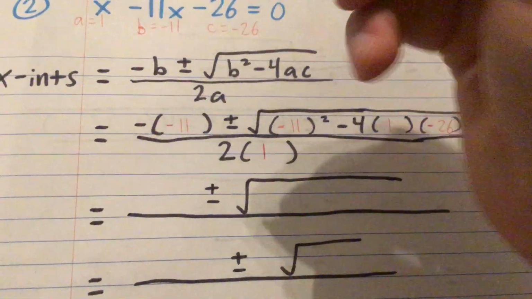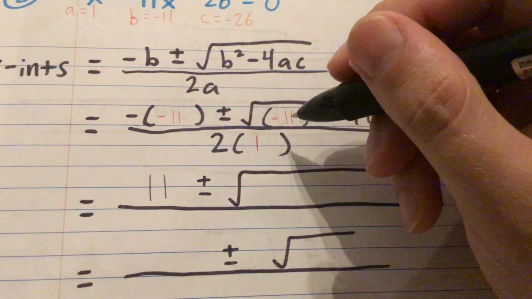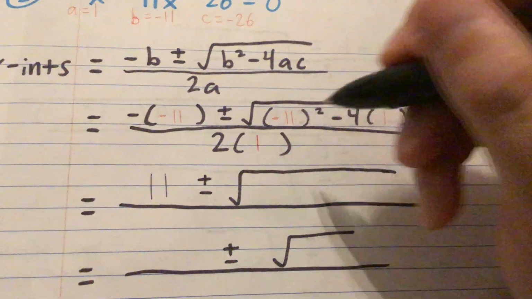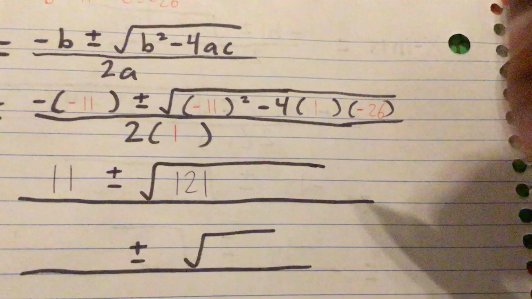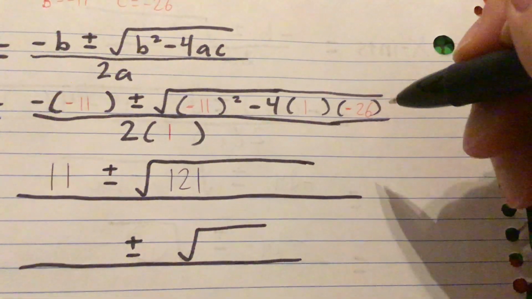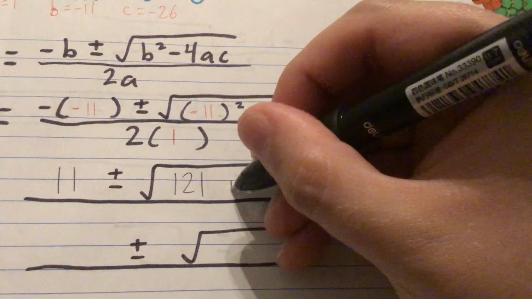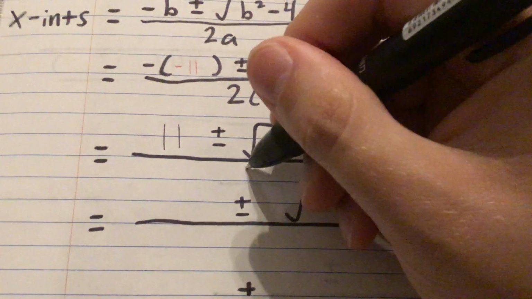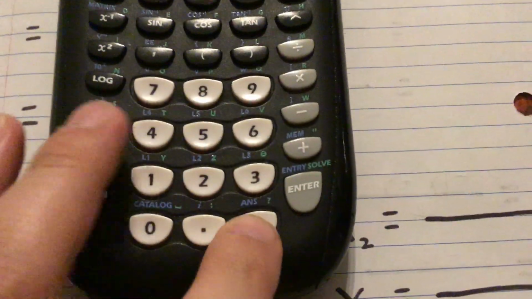All right, so now let's clean this up. Negative negative 11 would be positive 11, plus or minus the square root of negative 11 quantity squared. So that'd be negative 11 times negative 11, that'd be 121. All right, negative 4 times 1 times negative 26, well, that's negative 4 times negative 26. That's going to be a positive for sure. I'm going to need a calculator for that. Well, I know 2 times 1 is 2, so I want to get that out of the way. So let's do negative 4 times negative 26.